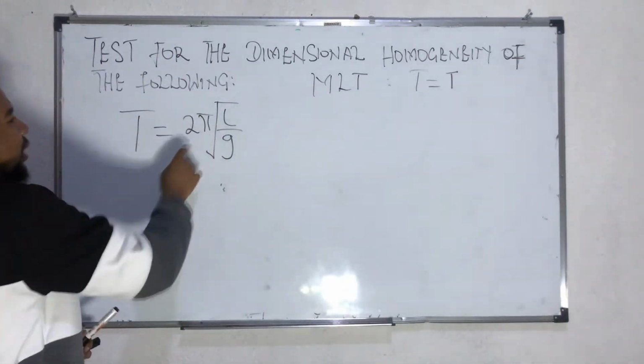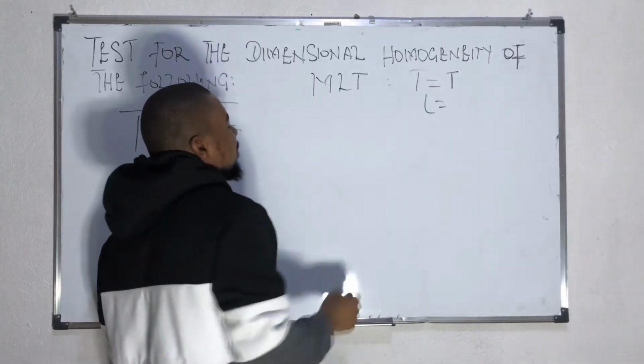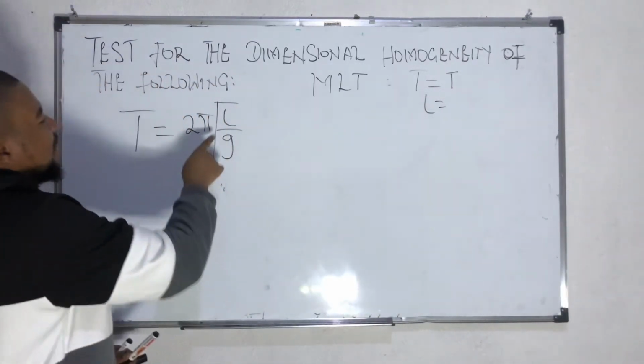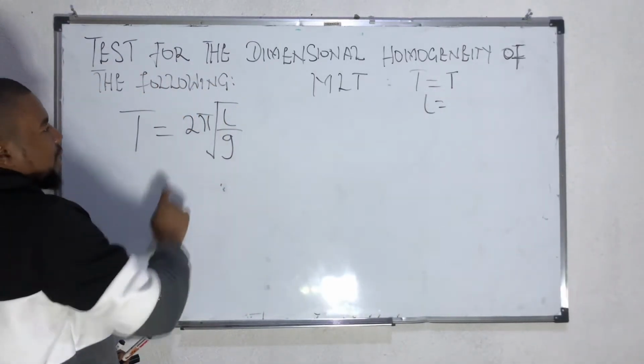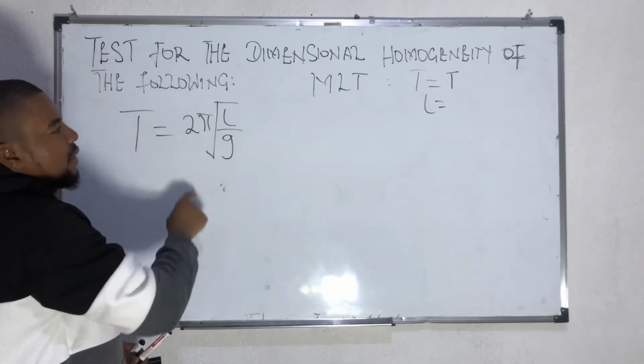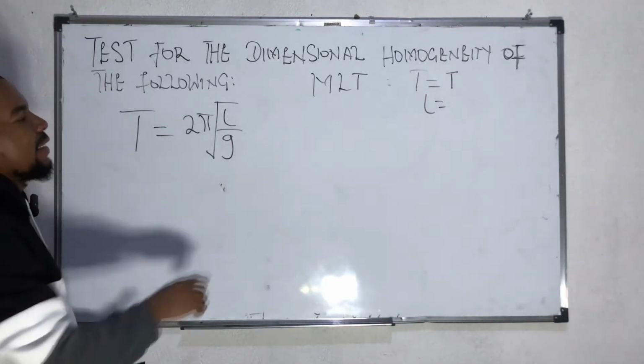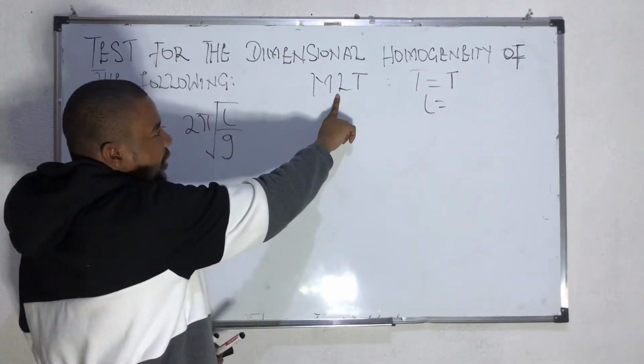Now, the next one is the L. The L is the length of the pendulum, and it is measured in meters. This L is measured in meters, and the dimension for length is L.